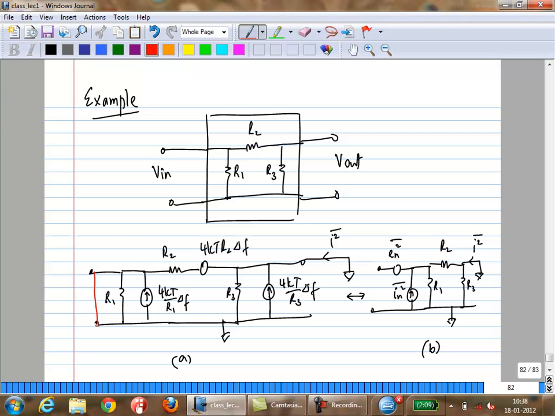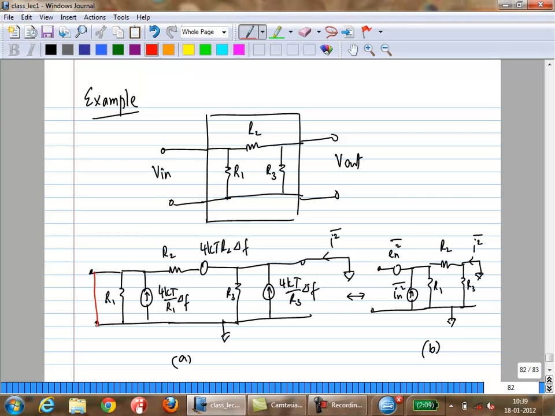First of all, how do you analyze this? You have to analyze it using superposition. Why? Because since these are 3 independent resistors, these 3 noise sources are completely uncorrelated. Okay. So you take one by one and you can add the overall noise powers at the output. So let's take 4kT over R1 delta F. That current flows through this, so it is 0 due to that. How about this current, 4kT over R3 delta F?